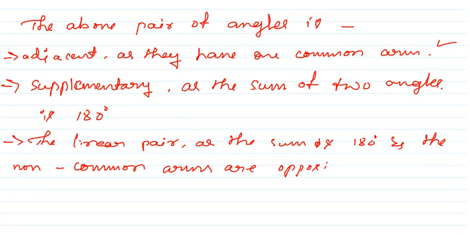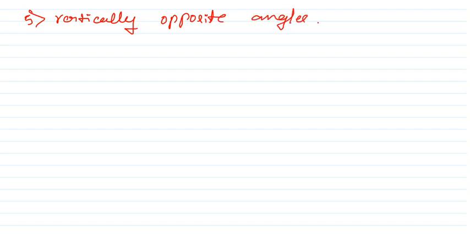are opposite rays. These are the conditions we should follow for a linear pair. Next, the fifth type, that is vertically opposite angles.